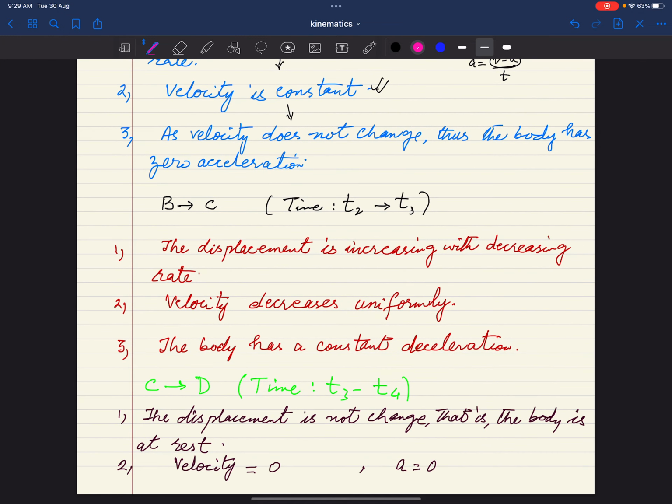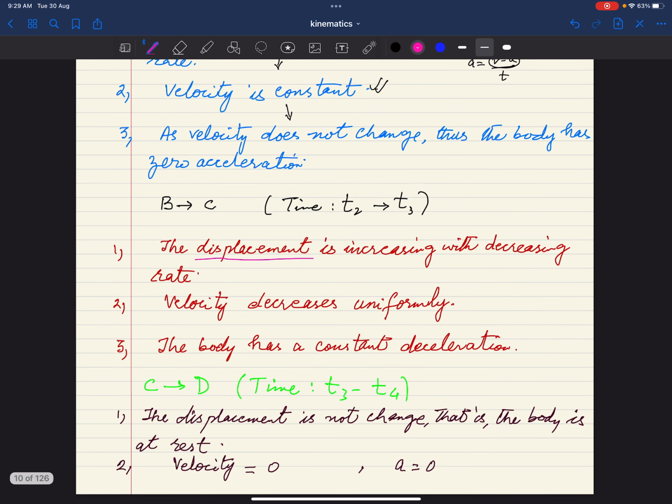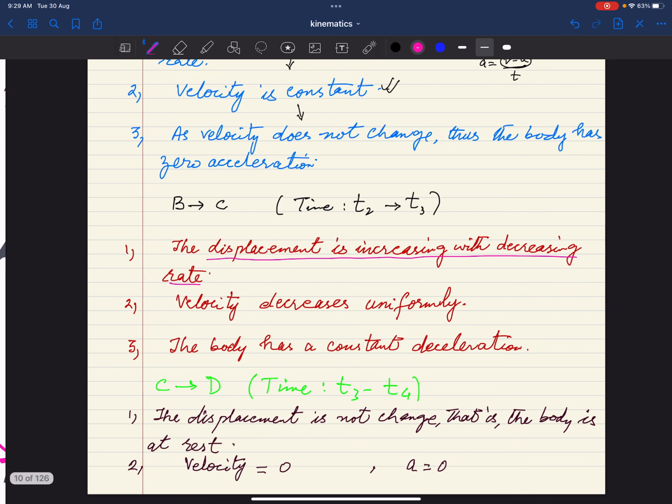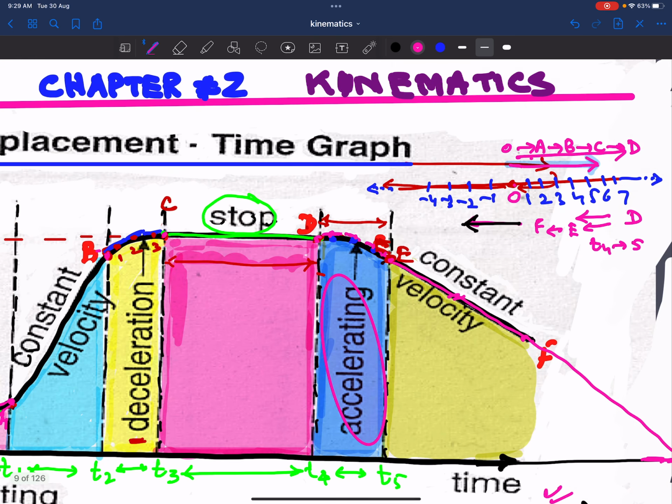Then from B to C, we have already explained this situation. B to C, from time T2 to T3, the displacement is increasing with decreasing rate. So this is very, very important point. Displacement is increasing with decreasing rate, still you are moving in the positive region.